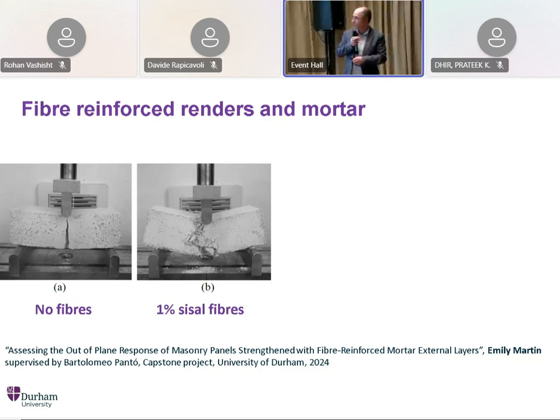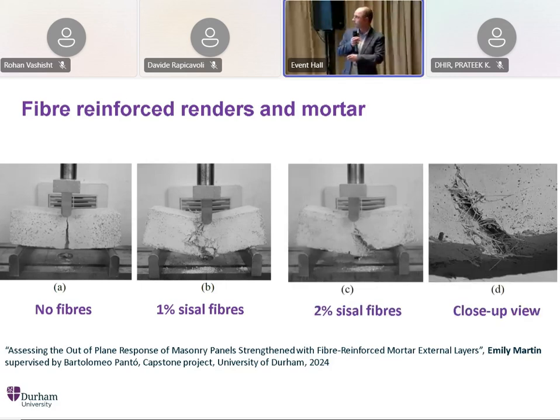But if we see more samples, you can see if we add 1% fibers or 2% fibers, and even in the close-up view, it becomes more of a ductile kind of behavior, and it doesn't break into 2 or 3 discrete segments.